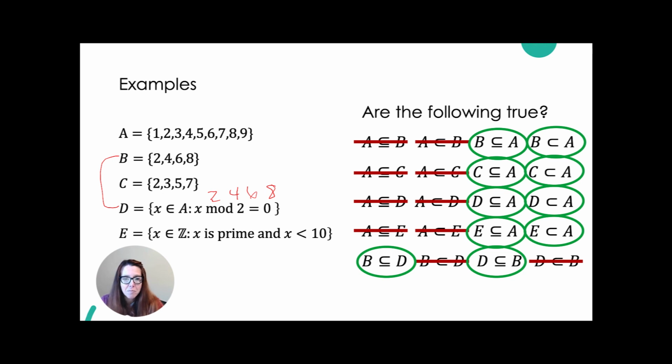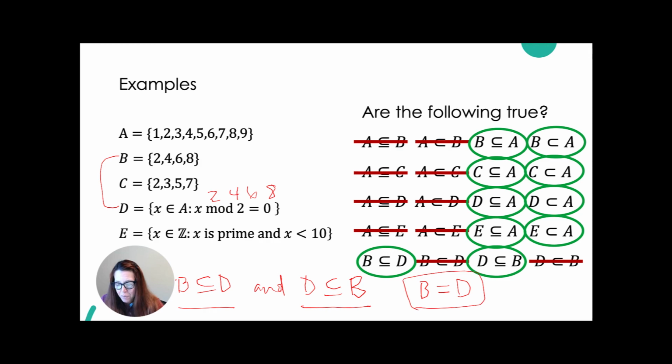There must be something in B that's not in D. In fact, because we have B is a subset of D and D is a subset of B, that's the same as saying B and D are equal. Because what we've done to find those two points is to check that every element of B is in D and check that every element of D is in B. And that's what we needed to do to check that B and D were equal.